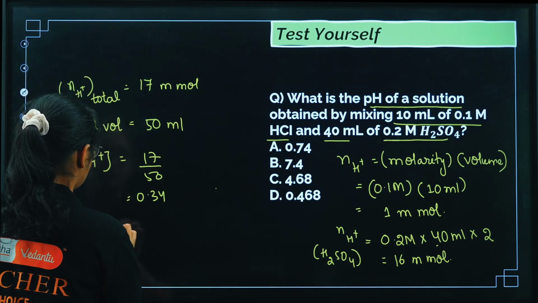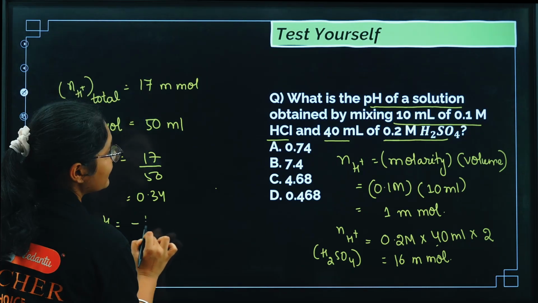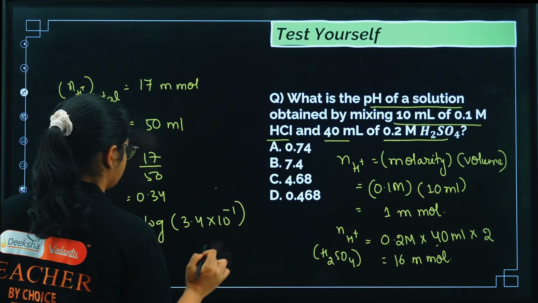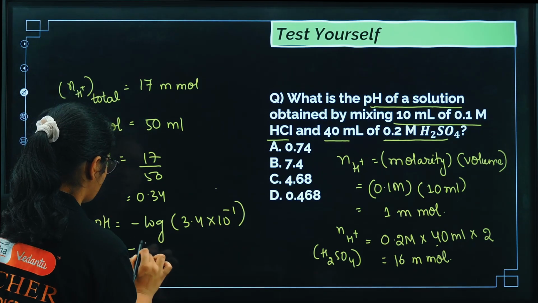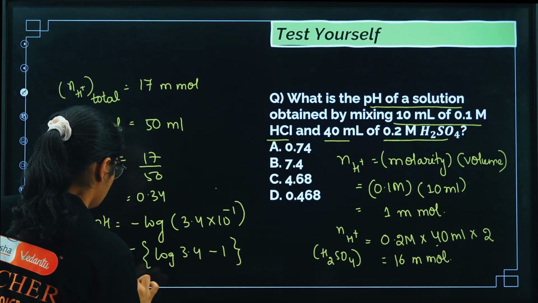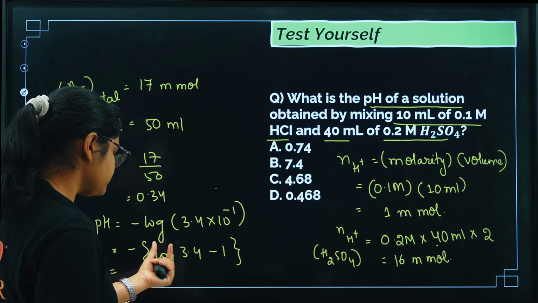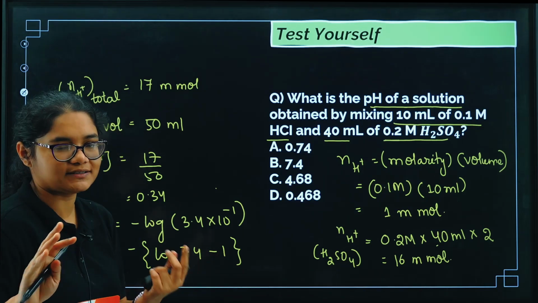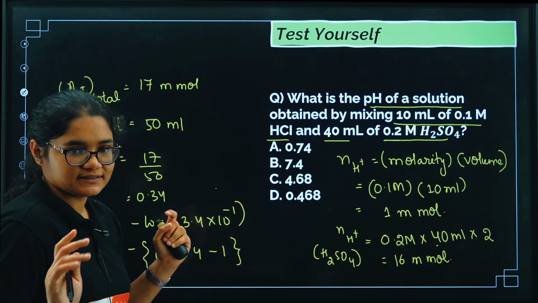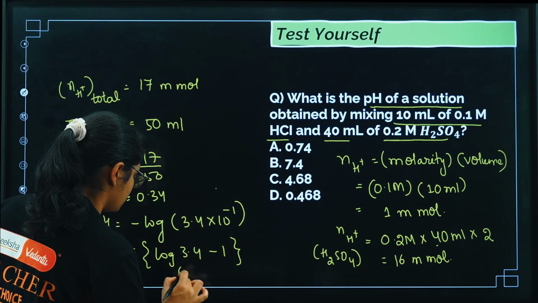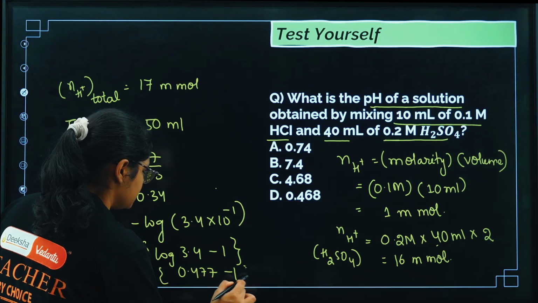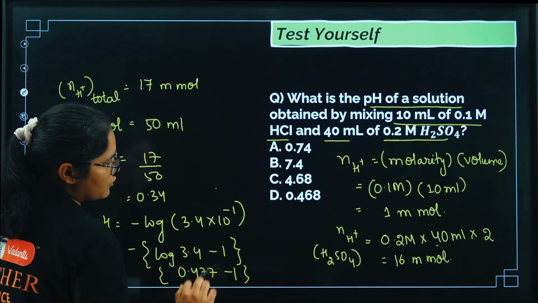Now if I want to calculate the pH value, let me solve this one. What is the pH value? pH is minus log of 3.4 into 10 to the power of minus 1, right? So it is minus log 3.4 minus 1. Now log 3 value is 0.477, I'm just doing an approximate calculation.